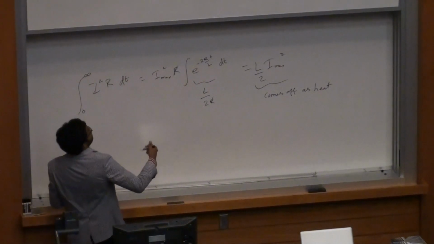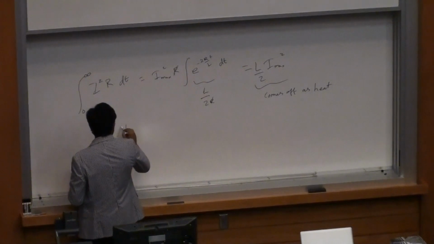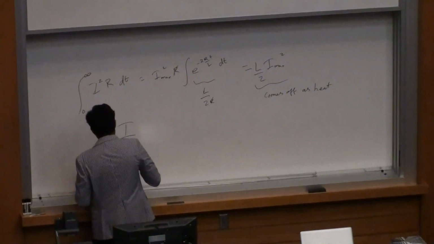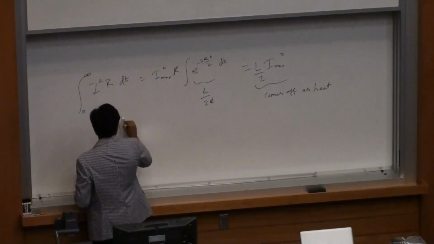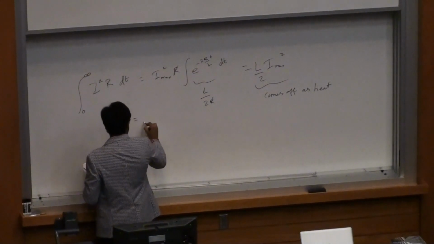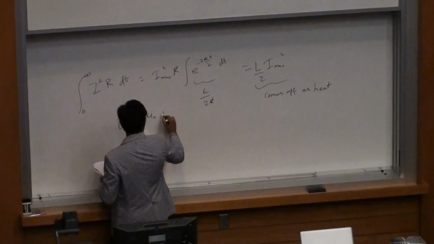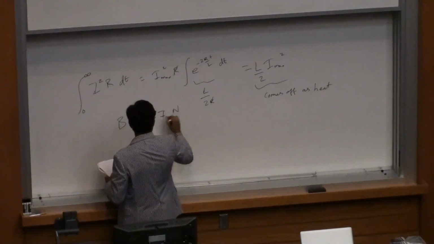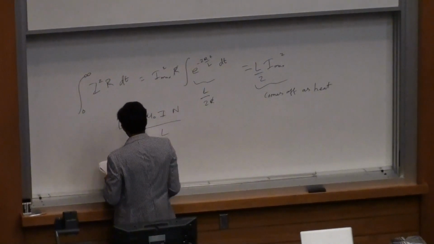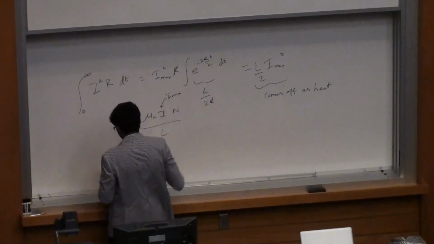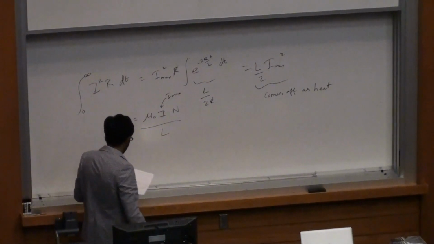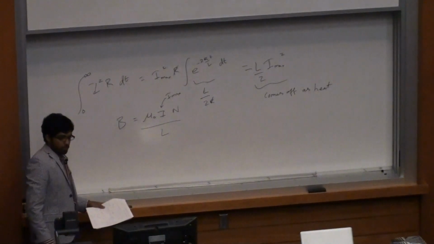And I erased that a long time ago, but I know my magnetic field B was mu naught I n over L, and this essentially is I max, right, my V over R. And I know what my self-inductance was.